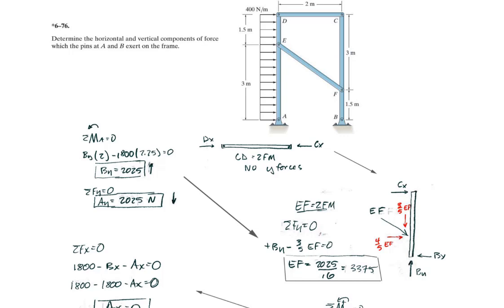So let's go ahead and draw the forces on the picture here. This is the resultant force of this distributed force times this distance, and that is 400 newtons per meter times 4.5 meters, so that's 1,800 newtons, and it acts at a distance of 2.25 from that line.